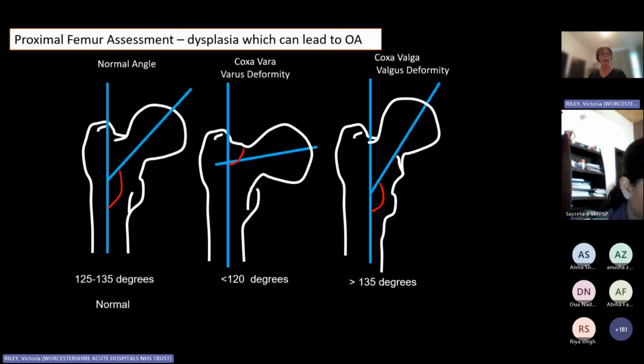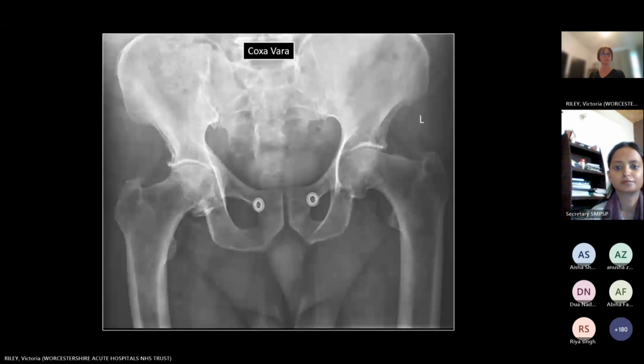So the normal angle between the patient's femoral shaft and femoral neck is about 135 degrees. Now that angle can vary, and patients therefore have coxa vara if the angle is less than 120 degrees, or they could have coxa valga if the angle is over 135 degrees.